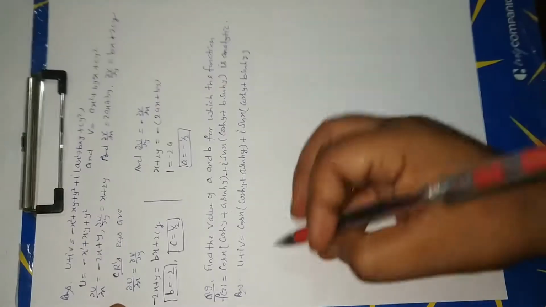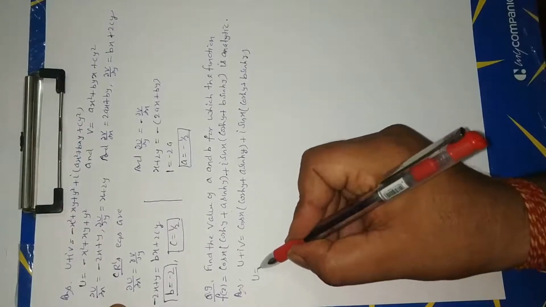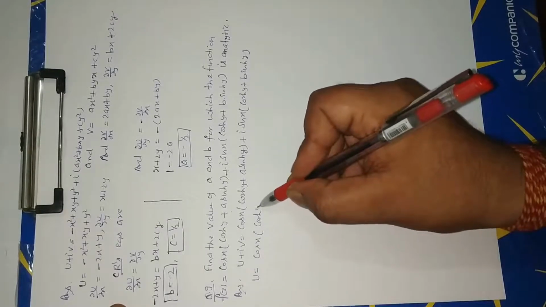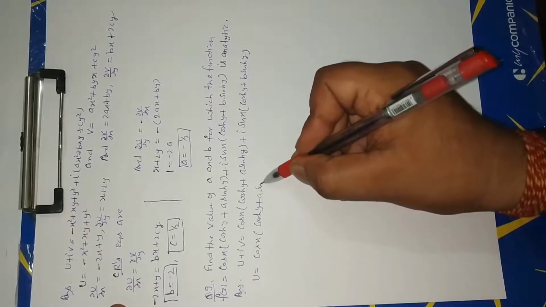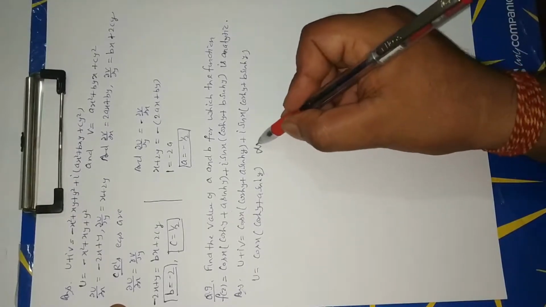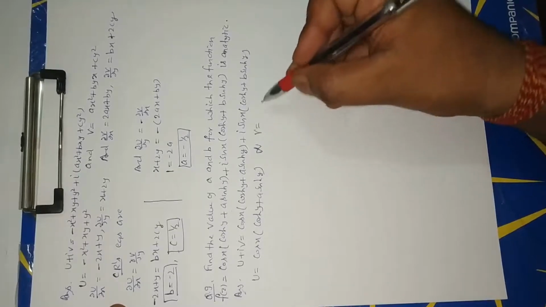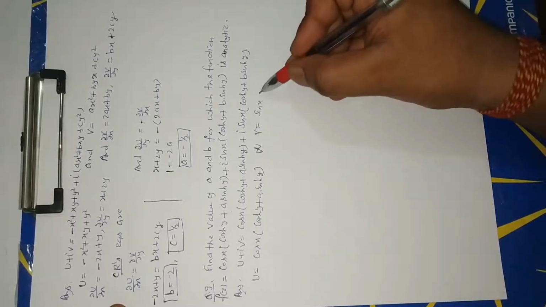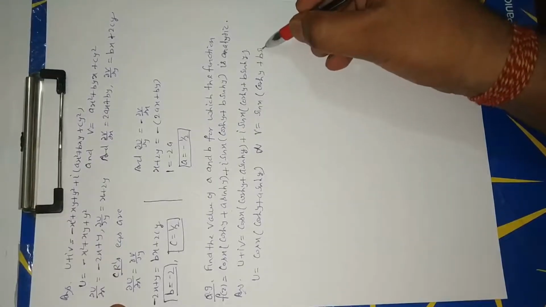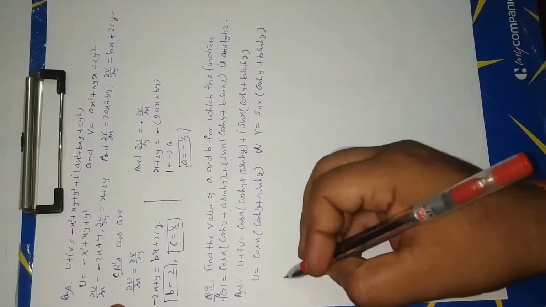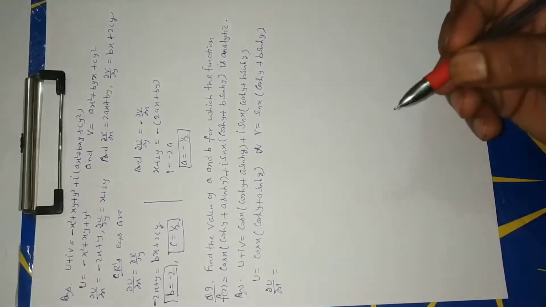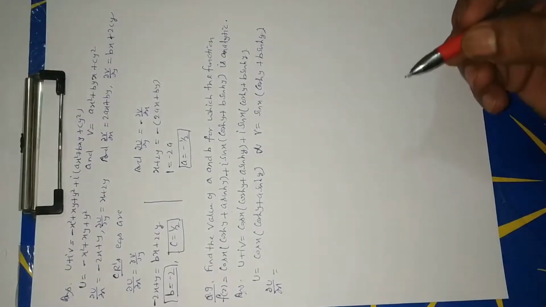Now comparing real and imaginary parts: the real part u equals cos x into (cosh y plus a sinh y), and the imaginary part v is equal to sin x into (cosh y plus b sinh y).